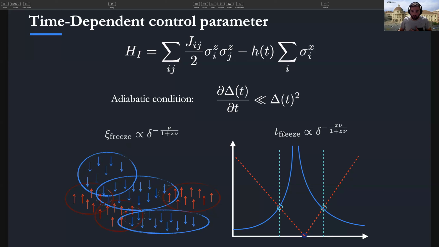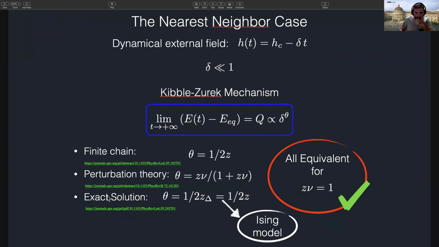And corresponding to the freezing time, you can define a freezing length, which tells you the length of the domains, and so basically tells you the density of defects that you have, which are the ones that arise at the border between the domains. And I am sorry if I made the plot in 2 dimensions, even if this is a 1-dimensional case, but I think that the 2-dimensional plot makes it more interesting.